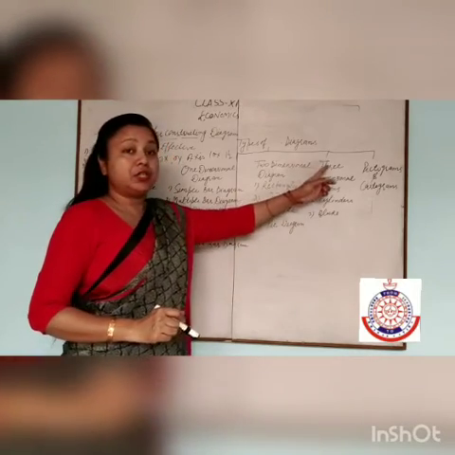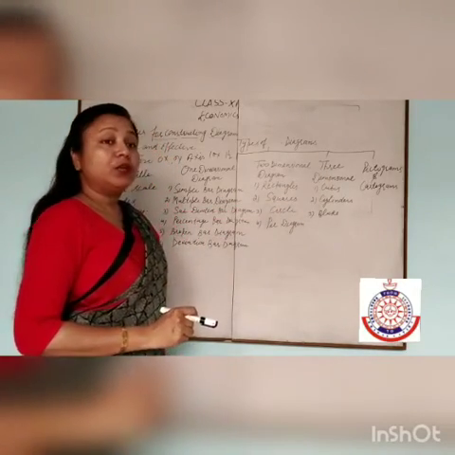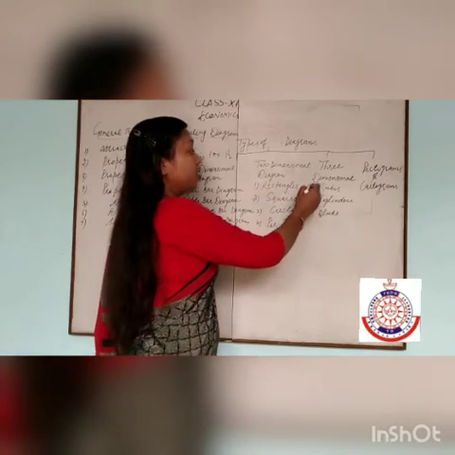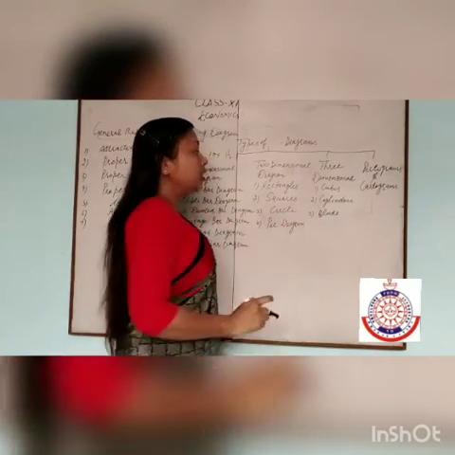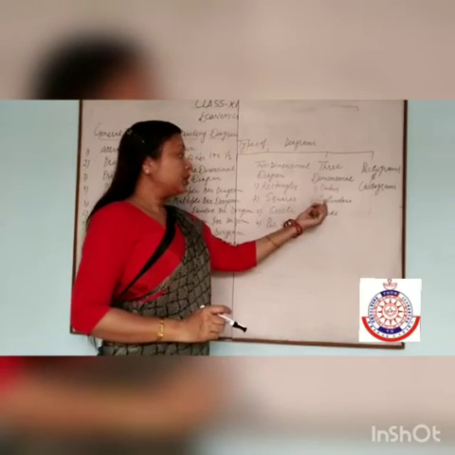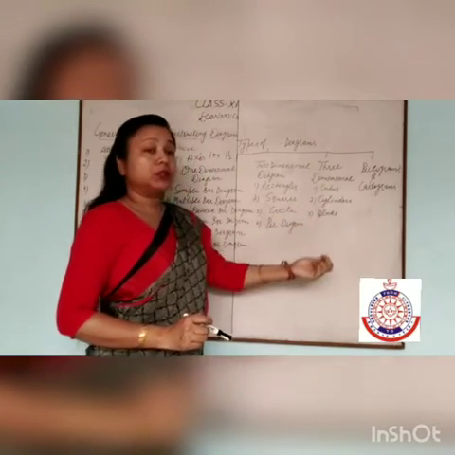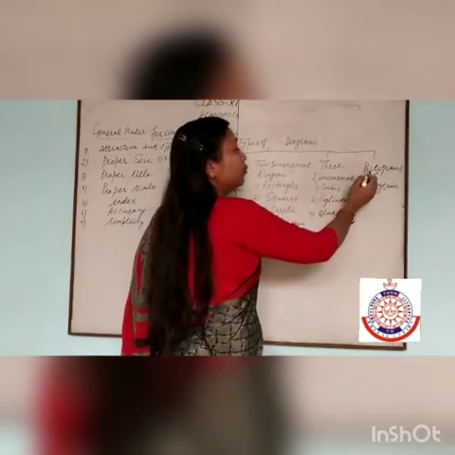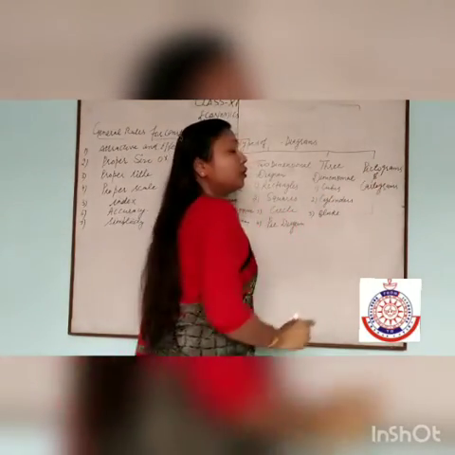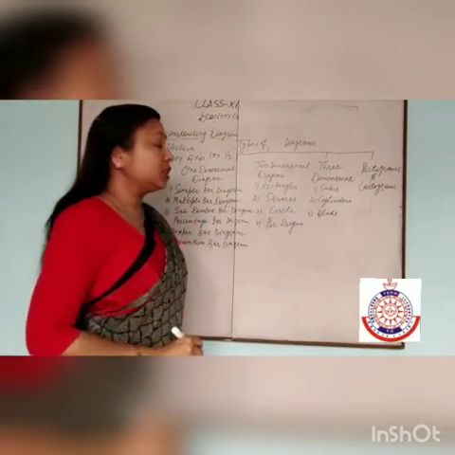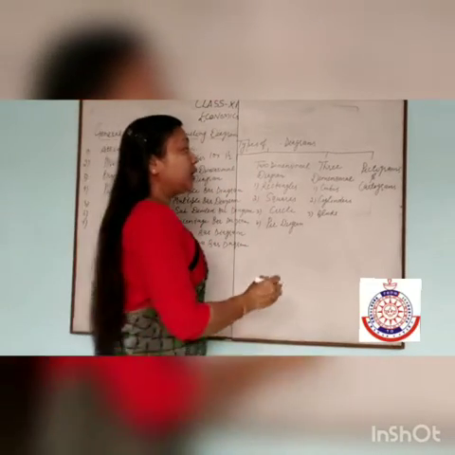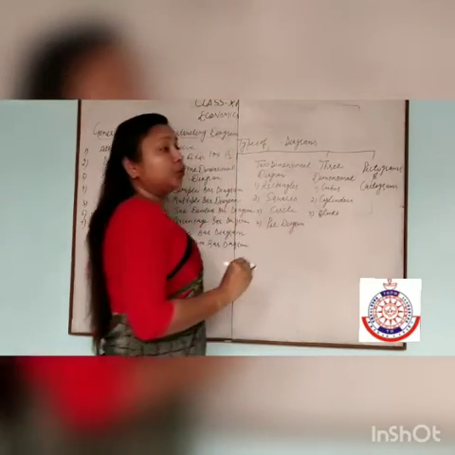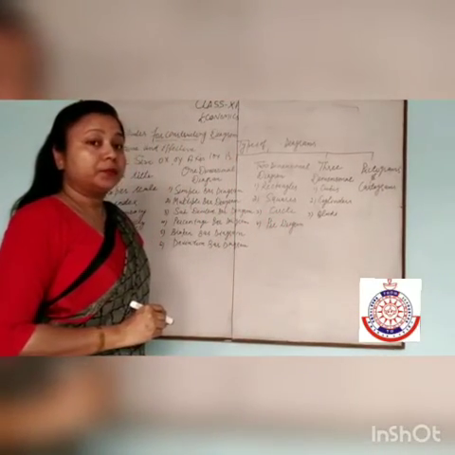Three-dimensional diagram means we consider length, breadth and height, like cubes, cylinders and blocks. And last are pictograms. Pictograms mean showing the data using pictures. And cartogram, when we show the data on a map, is known as cartogram.